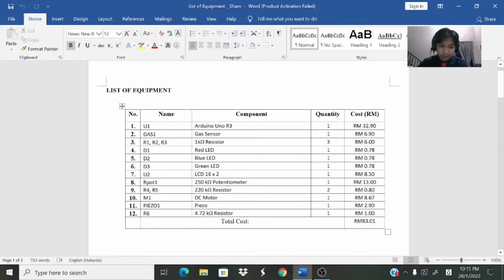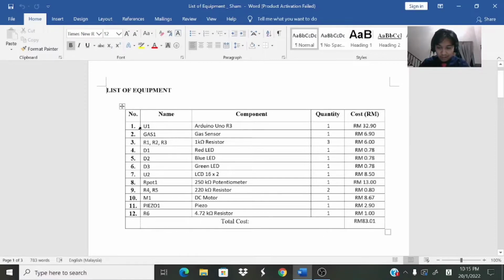First of all, I will introduce the meaning of this table. This is the number of the product, which is we have about 12 products, and then this is the name of our component. The name is the simplified component name in our circuit.